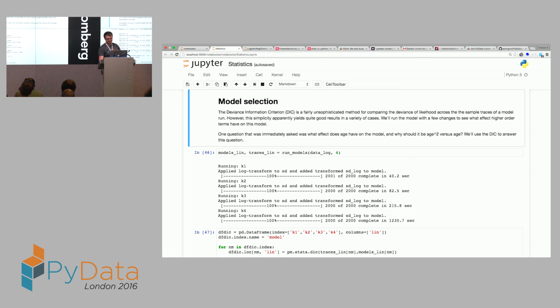And the last thing, and I'm realizing I've definitely finished ahead of time, so there's plenty of time for questions, is earlier on, we picked age squared, right? So you pick the age squared in our model. Now, the reason we did that was voodoo, and I just pulled it out of I don't know where.